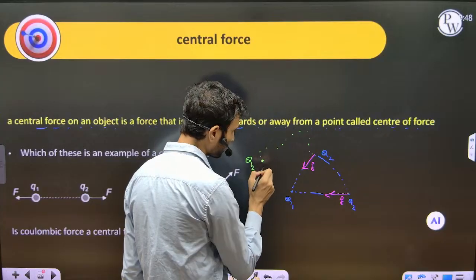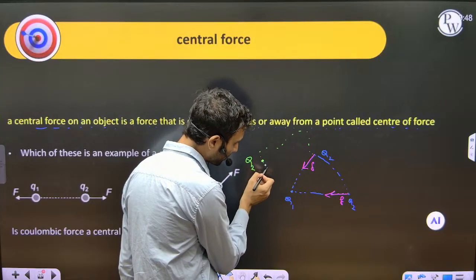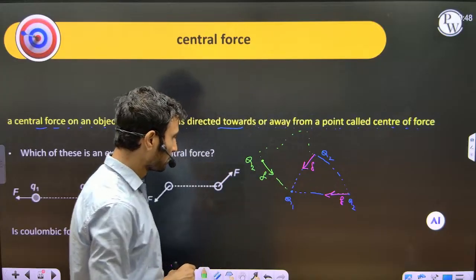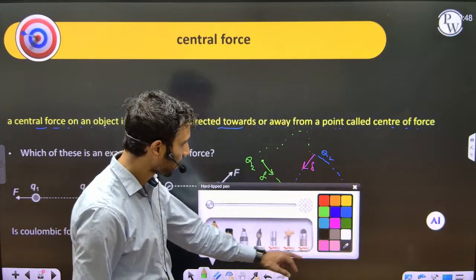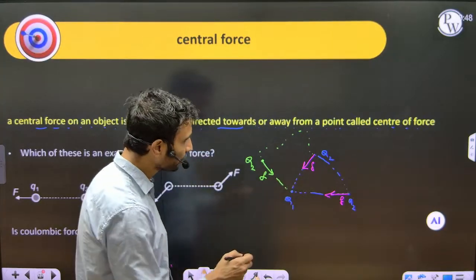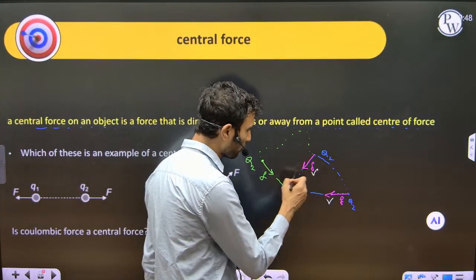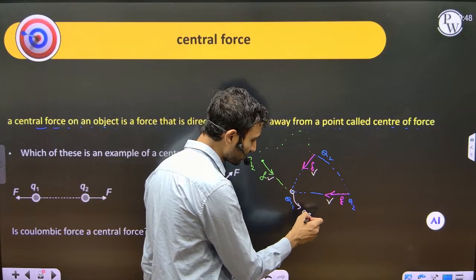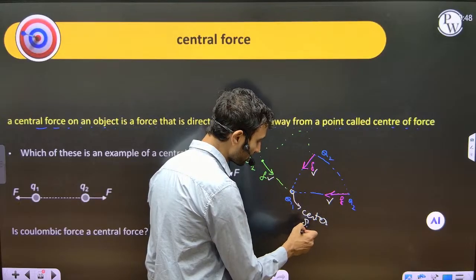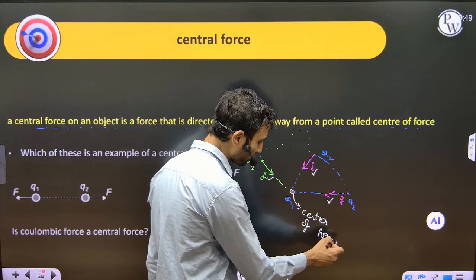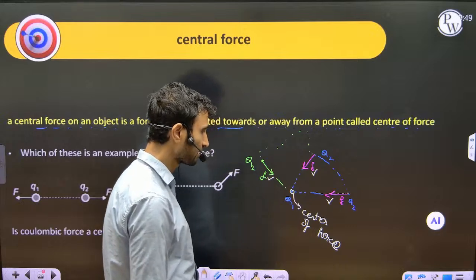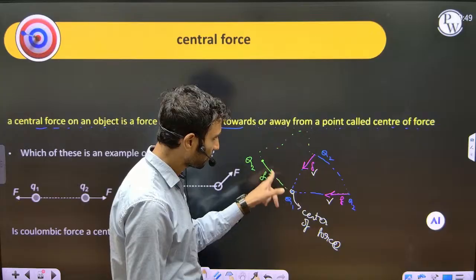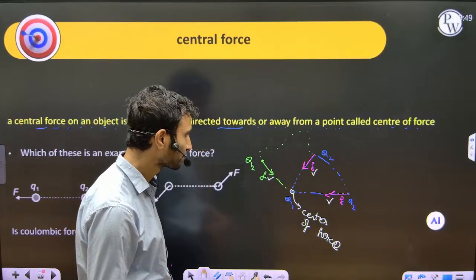Then also the force will be towards q1, right? So you are seeing that the force is always towards one point, and that point is called the center of force, because the force is always directed towards one single point.